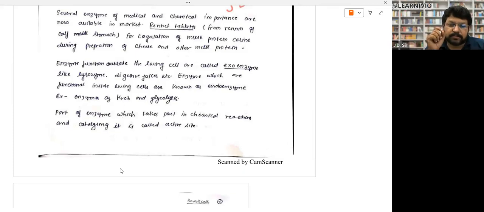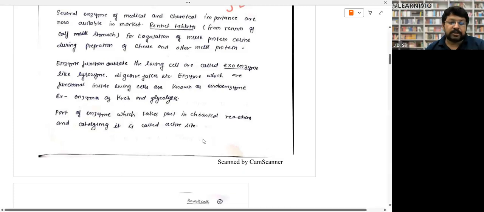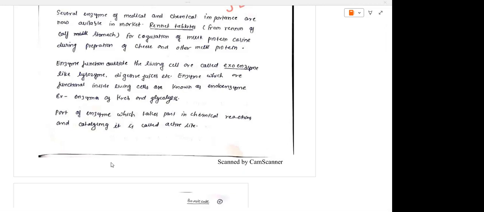Note down, I will describe this again. The function of renin is to digest milk protein in young mammals.